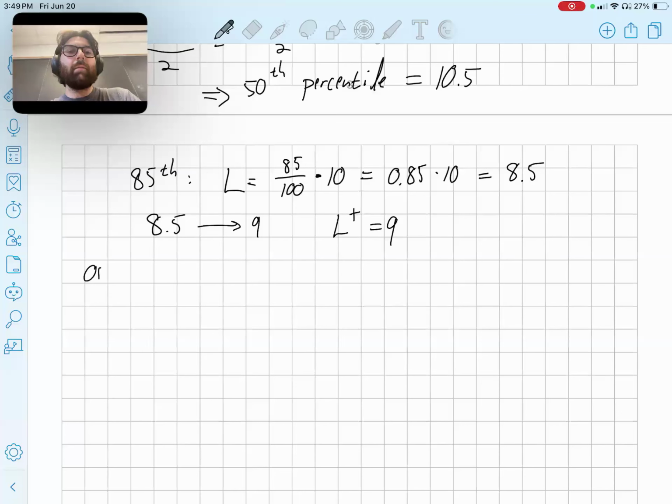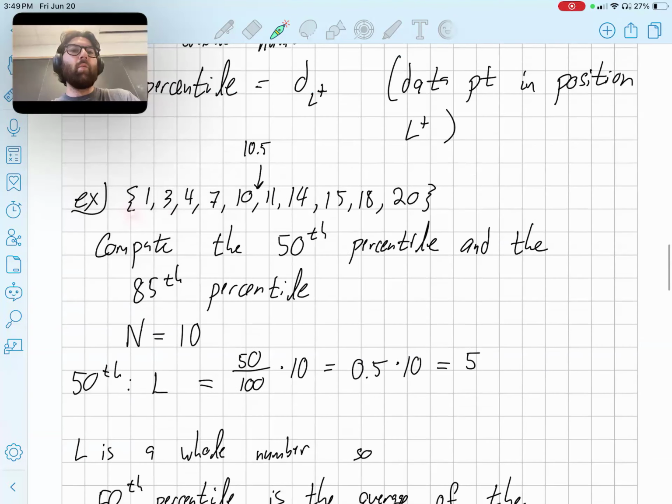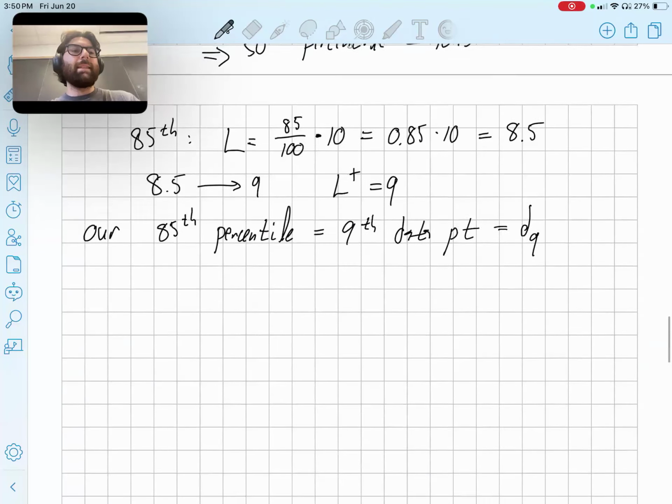And so now our 85th percentile is the 9th data point, which can also be called D9. And now let's count. So that's going to be 1, 2, 3, 4, 5, 6, 7, 8, 9. And that's going to be 18.